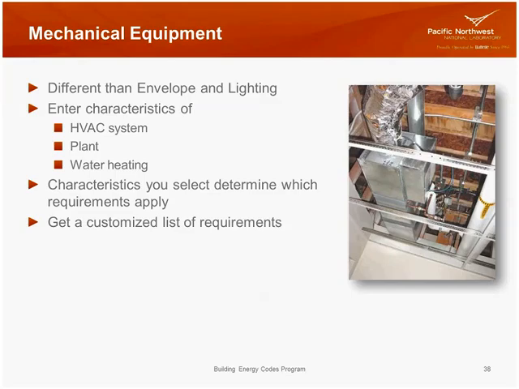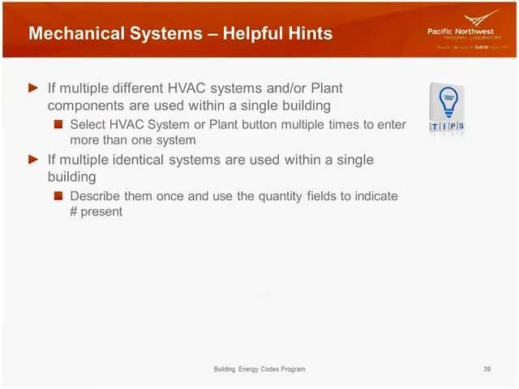And then you have water heating, and you don't have to enter your water heating, but if water heating is a system and you're doing mechanical, the selection or deselection of the checkboxes in this section determines which water heating requirements apply to your building. And as I mentioned, it all gets customized, and in the requirements tab, you would then go in and confirm, based upon the systems that you've entered, which ones are applicable on those mandatory requirements.